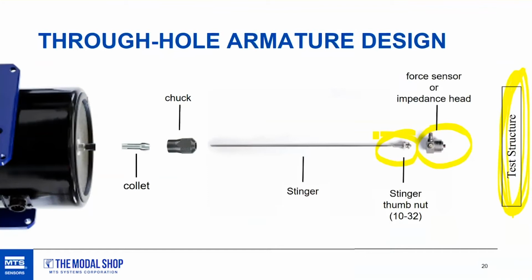And the stinger can slide through the body of the shaker, and you have a collet here, and that collet basically works like a drill bit. You're going to have the chuck piece that will tie up the collet so it grabs and compresses the stinger and holds it in place.